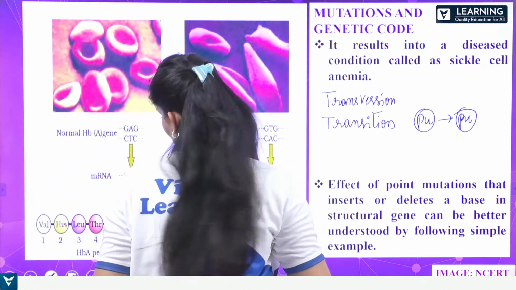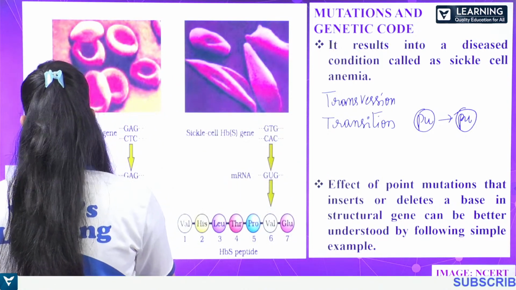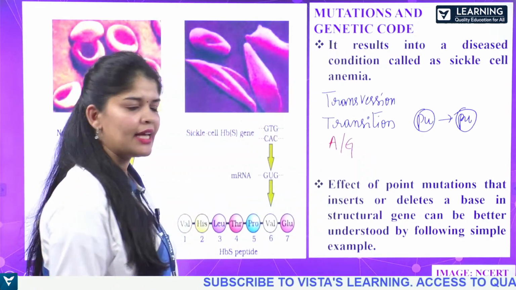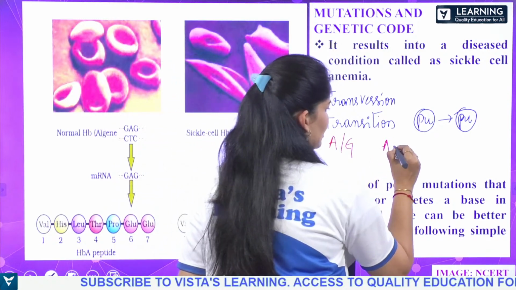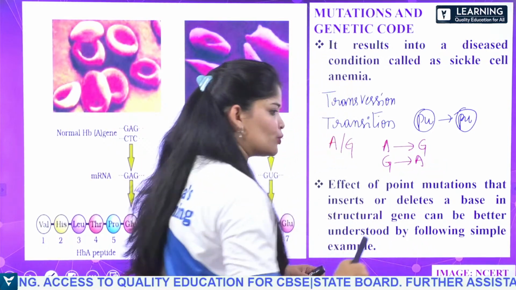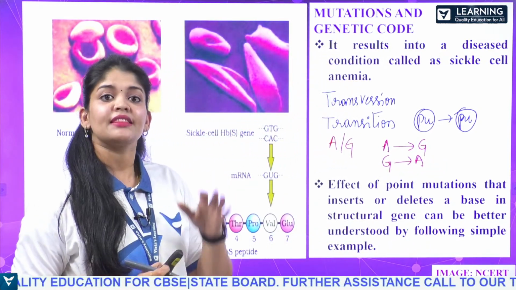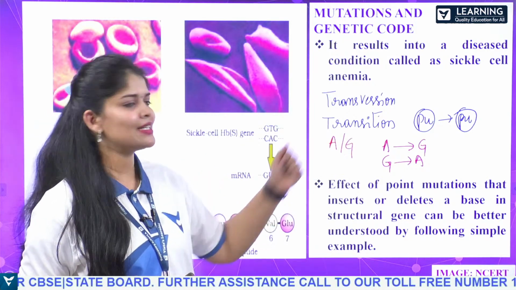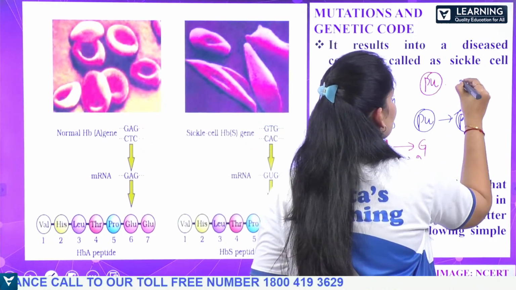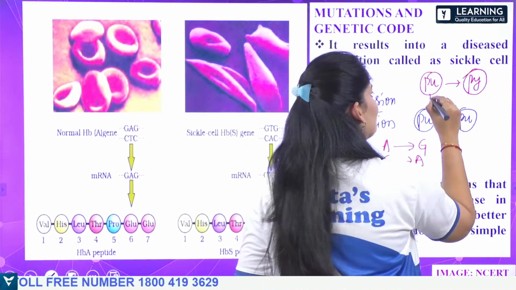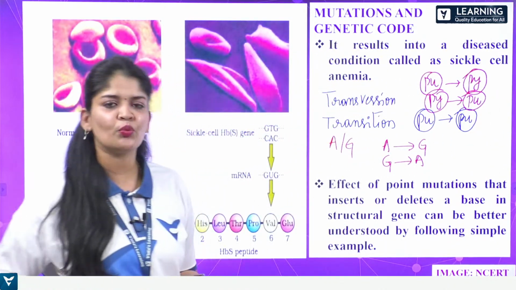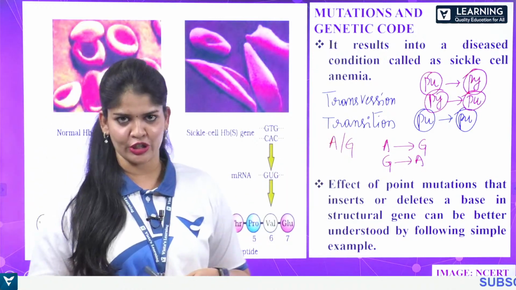We know the purines are adenine and guanine. If in the place of adenine guanine comes, or in the place of guanine adenine comes, here a purine is replacing a purine. That type of mutation we call a transition. If a purine place is occupied by a pyrimidine, or a pyrimidine place is occupied by a purine, then that type of point mutation we consider a transversion, right?